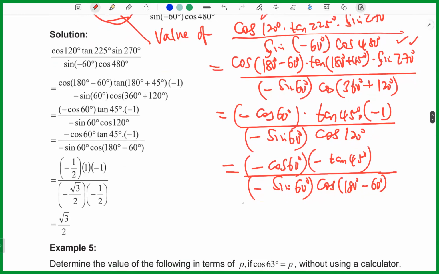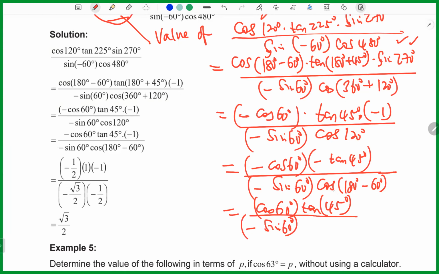What do we get out of these? In the end, we multiply negative times negative there, which is positive at the top, which is the cosine of 60 degrees, the tan of 45 degrees, divided by the negative sine 60 degrees.